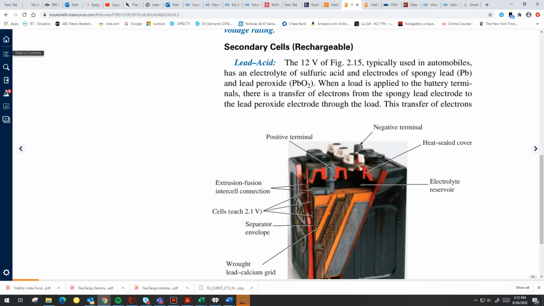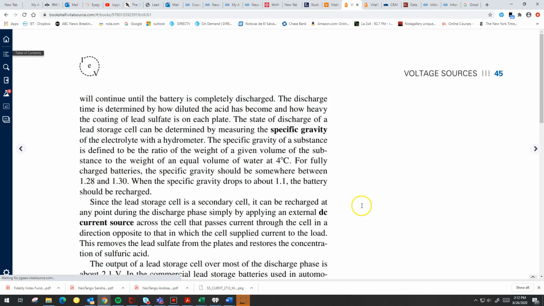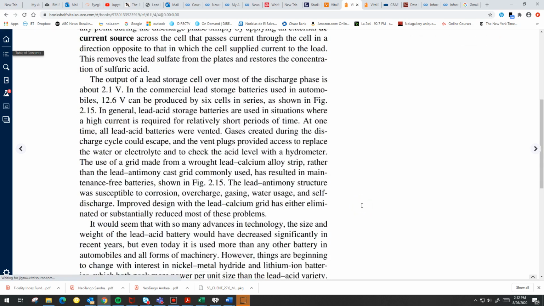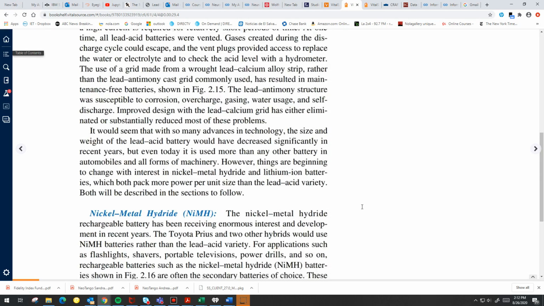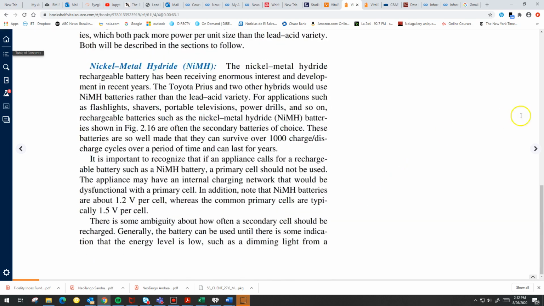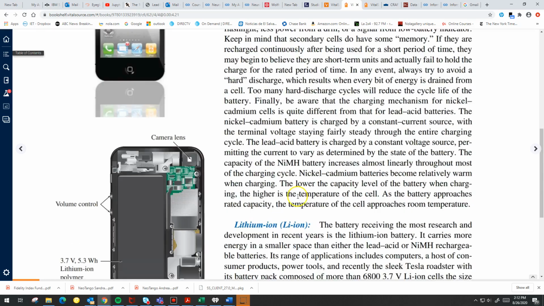That's not going to be our focus, because all we're going to be using is a battery, whatever that battery is, or whatever that source of DC voltage is. But it's important that you read this. So I'm going to leave you to read this on your own, just so you're familiar with different types of technologies that are behind batteries. But for our purposes, again, a battery is a battery.